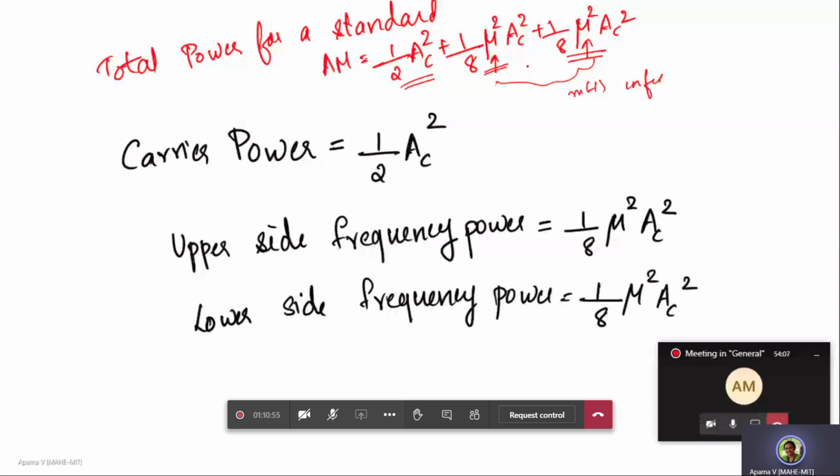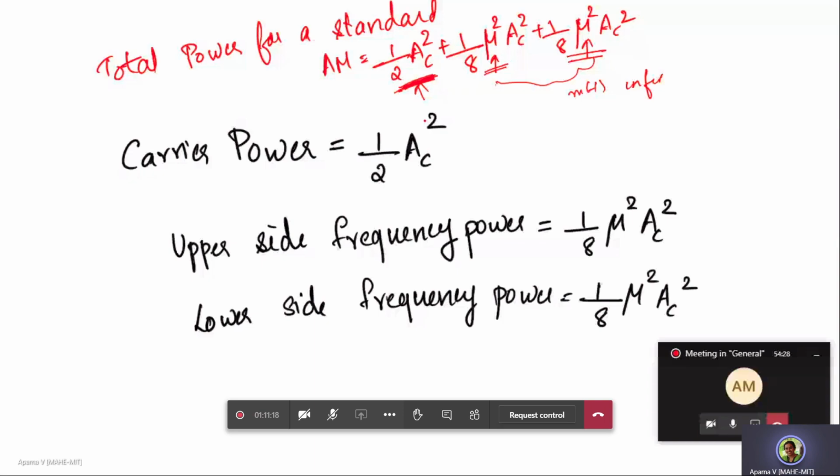Whereas this carrier is just a carrier, and what you get from this part is just the carrier information. For transmitting this AM, you need to invest more power in transmitting this carrier. Does it seem right?